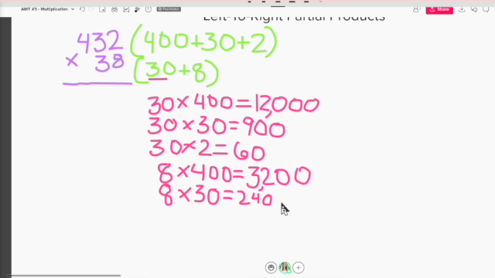So that's going to be 240. All right, we've done these two. Now we have our last way to distribute, which is 8 times 2. This one is easy because it is single digit. We don't have to think about the place values, making sure we latch on those zeros. So we just know 8 times 2 is what? 16.